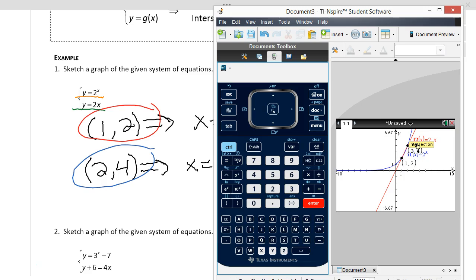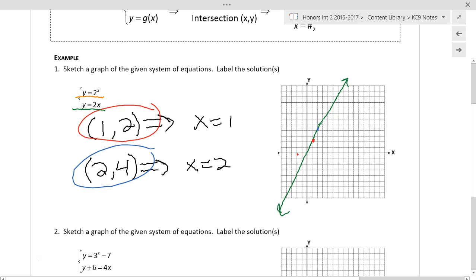It's coming over from 0 and then going through both of those points. So I'm going to come over from 0 and then loop through both of those points. And that's my graph. And then lastly, I am labeling the solutions. So this is 1, 2, and 2, 4. I'm pretty much putting what's on my calculator onto my coordinate plane on my paper.